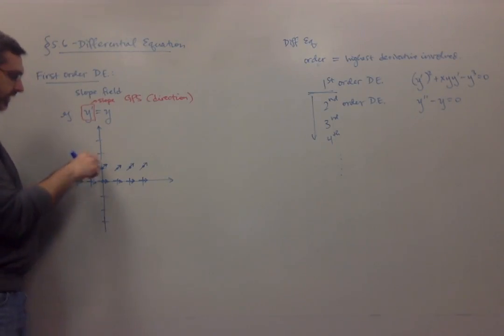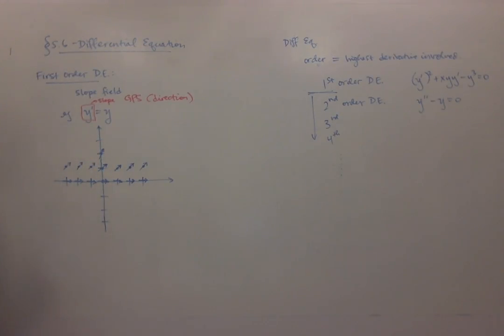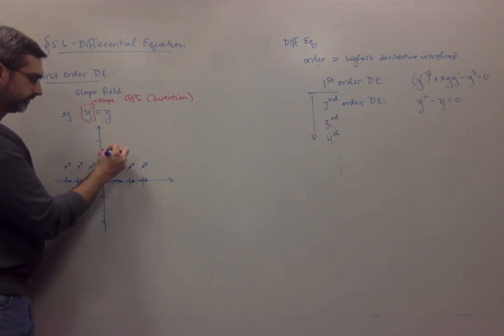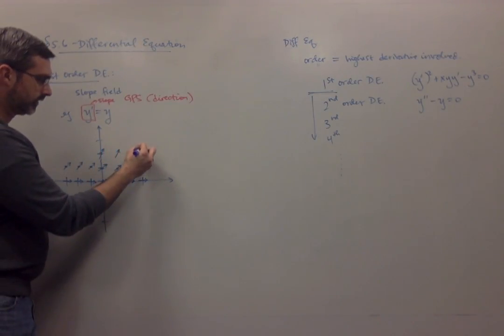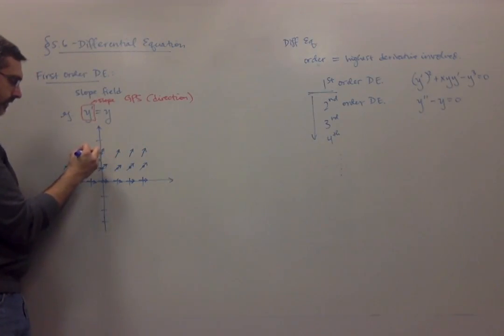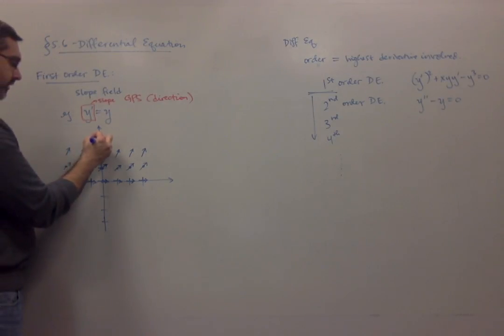What about if the y value is 2? 0, 2 right here. Then the slope is actually 2, so it's even steeper. So I'm going to draw it steeper here. And then the slope here is even steeper. The slope is 3 here.